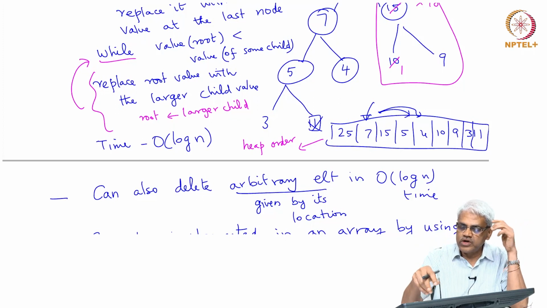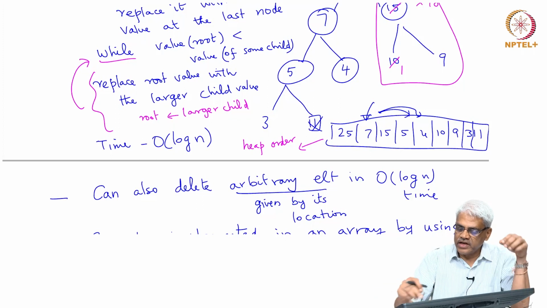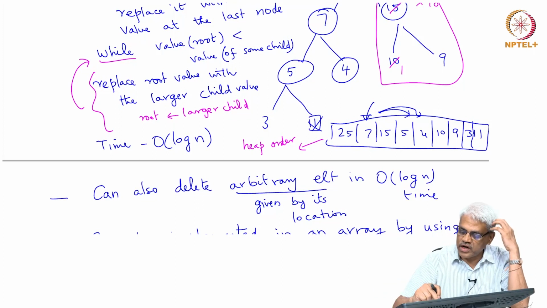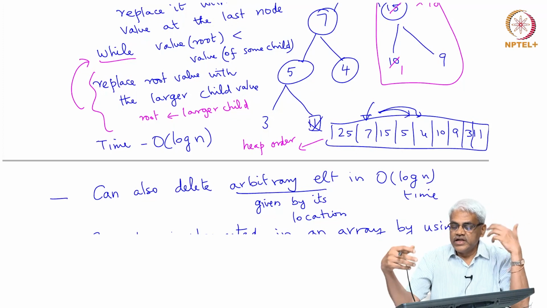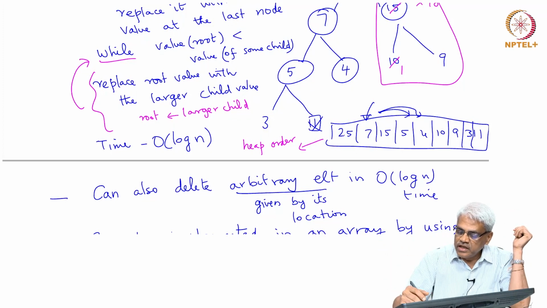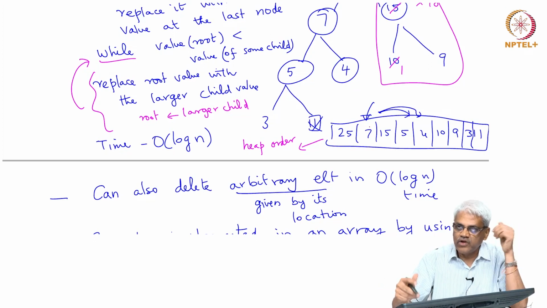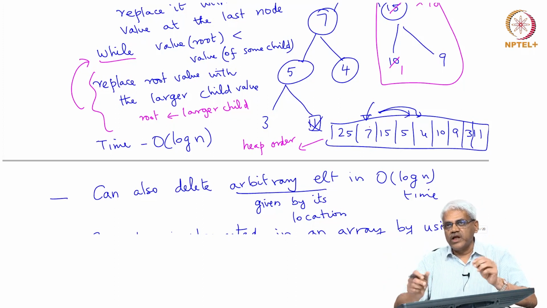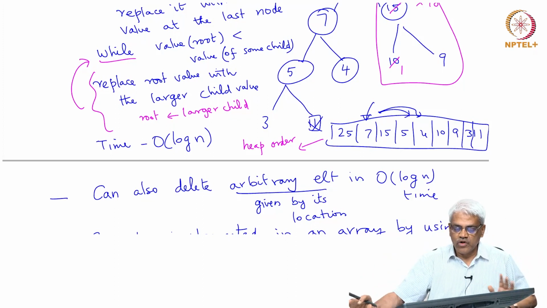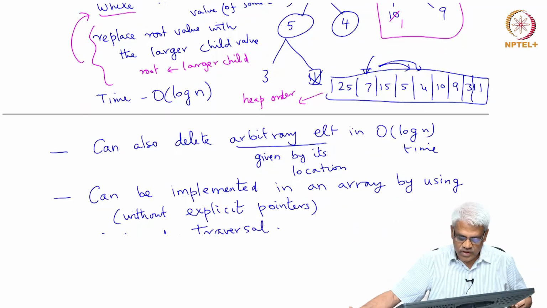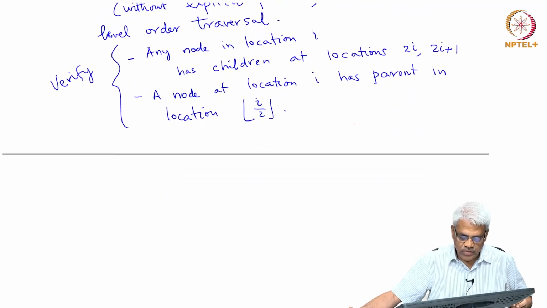If you read the nodes of a heap level by level and put them in an array, that array is in what is called a heap order. If you maintain heap order, you can do insert and delete max: you delete the first element, take the last element, put it there, compare it with its children, go to 2i plus 1, do the swaps and all that. So you can perform both these operations in logarithmic time.